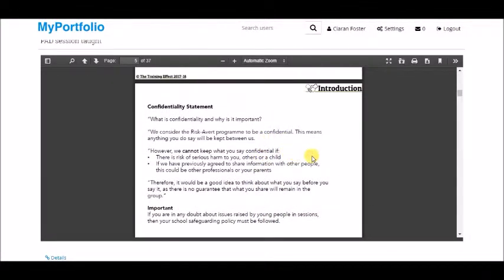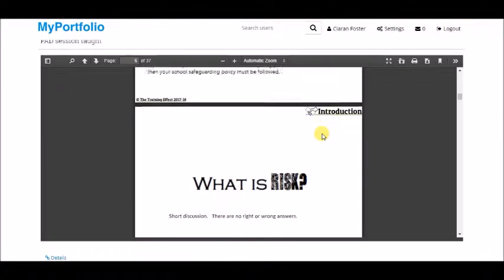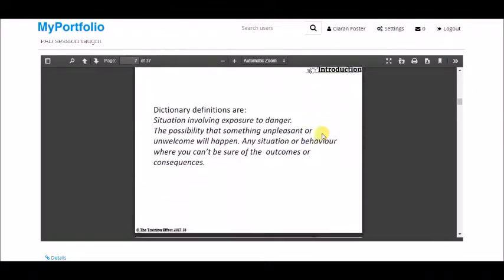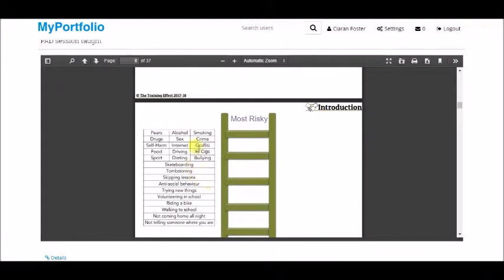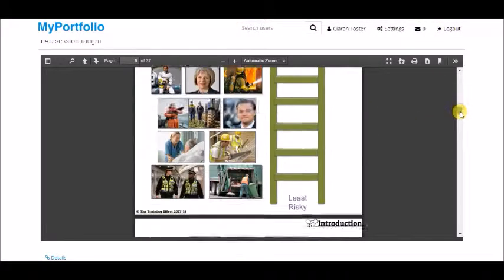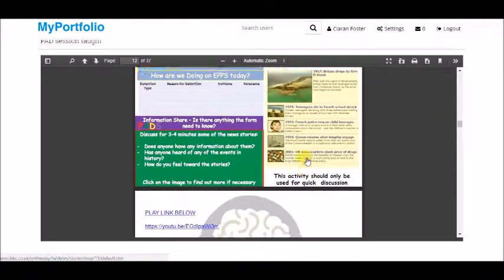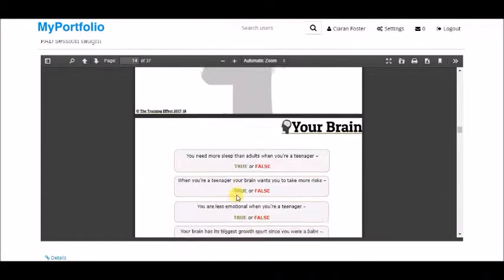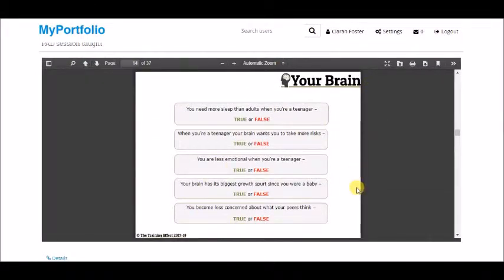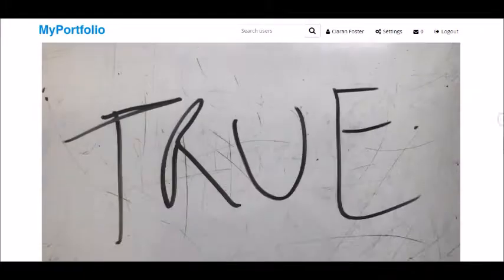So it was just looking at how we can take risks and what the risks are out there, and ensuring students are wised up about what goes on in the world and educating them through the PHSE. I went through that with our students. We can see here there's a number of different things throughout the day, including a true and false activity I had done with the students, and just an example of one of the whiteboards.